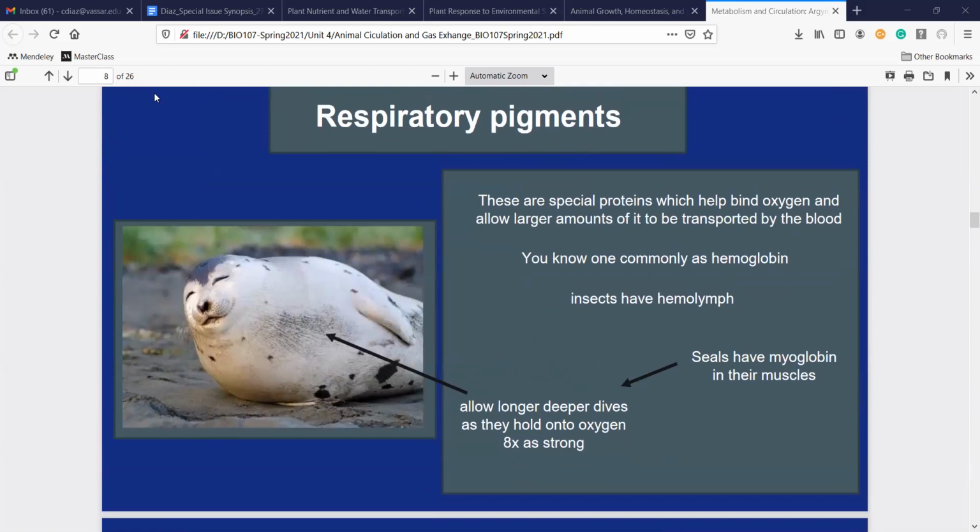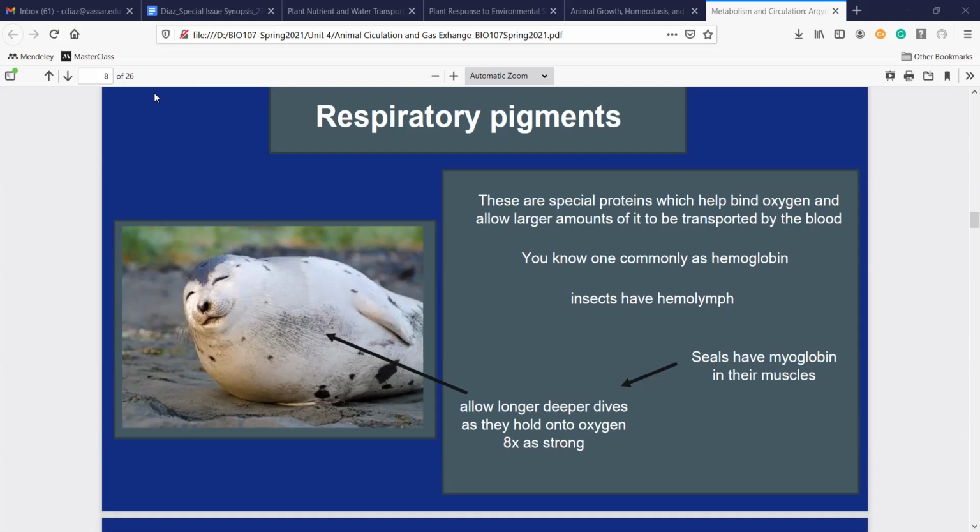So what I was kind of getting at with that question is to try to have you think of how organisms living in different environments are going to utilize different pigments because they have different levels of access to nutrients that they need. Specifically, when we talk about respiratory pigments, we're talking about the ability to carry oxygen to your cells.